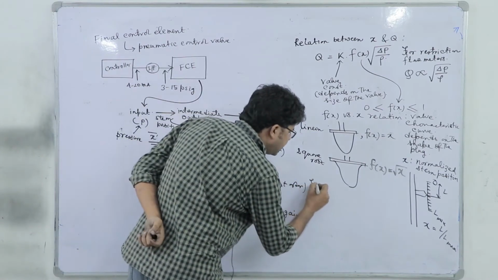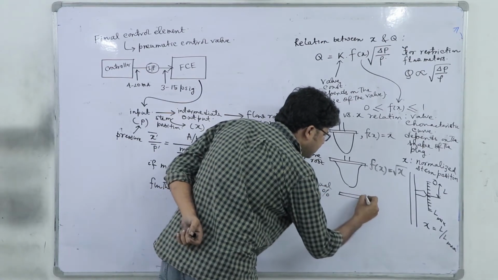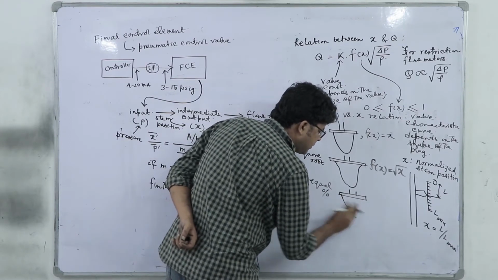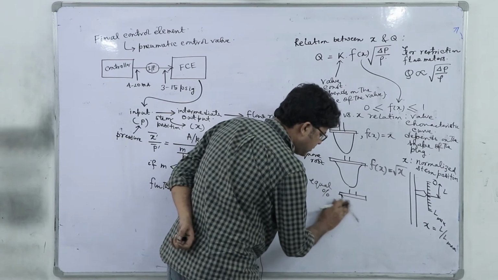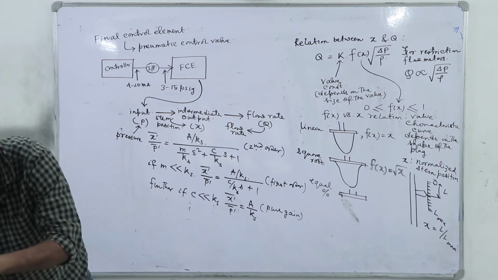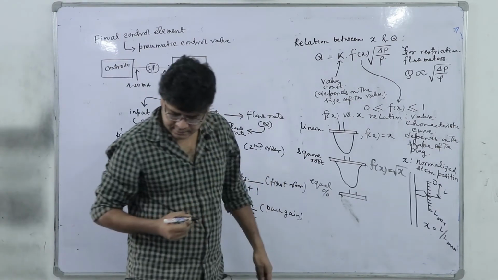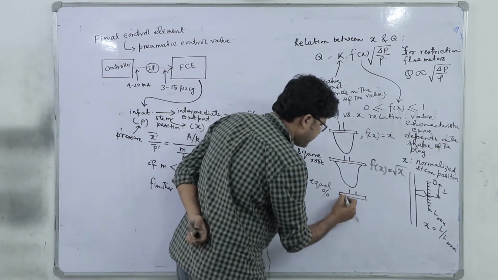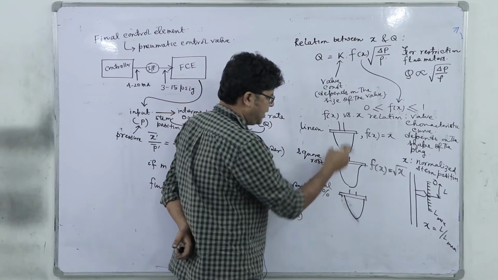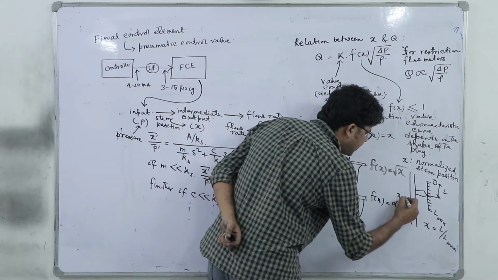Next is called the equal percentage. Here the valve plug looks like a much sharper kind of profile compared to linear, and here f(x) is alpha to the power x minus 1.